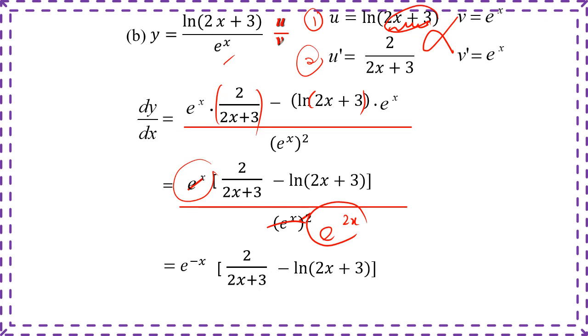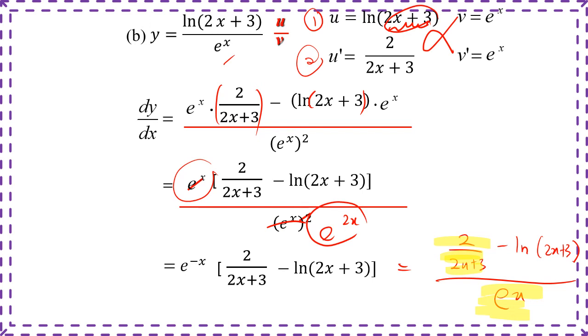So it depends on you. You can also write it in the form of 2 over 2x plus 3 minus natural log of 2x plus 3, divided by e to the power of x. But because we have a fraction divided by a number, it's a fraction inside a fraction.